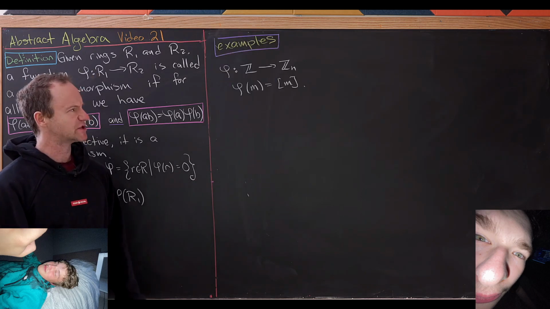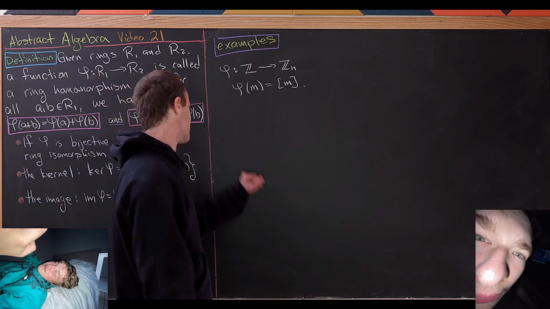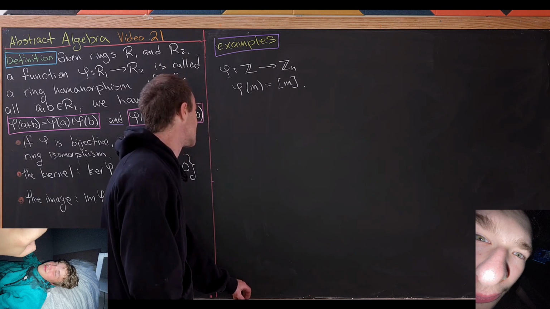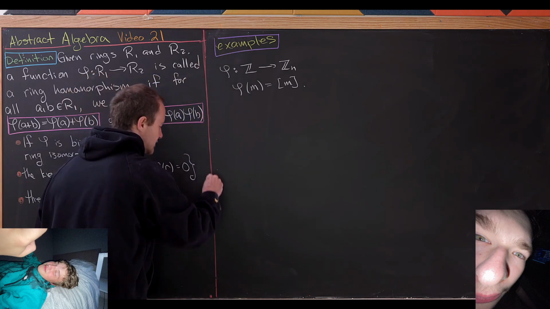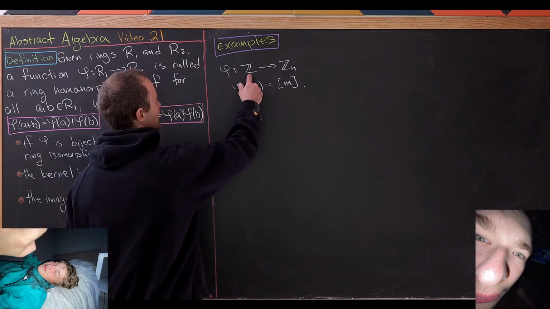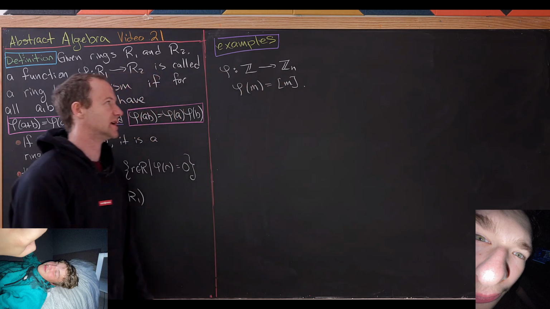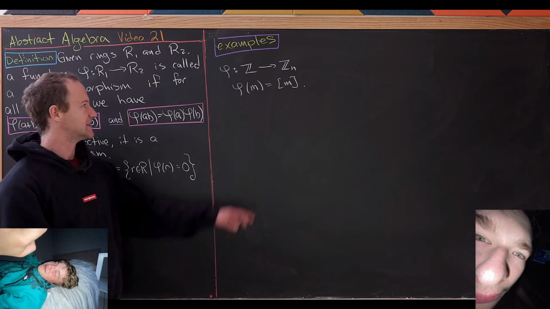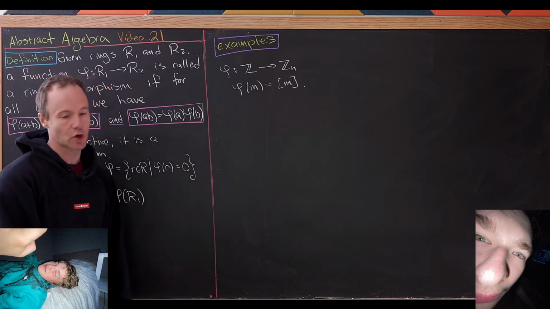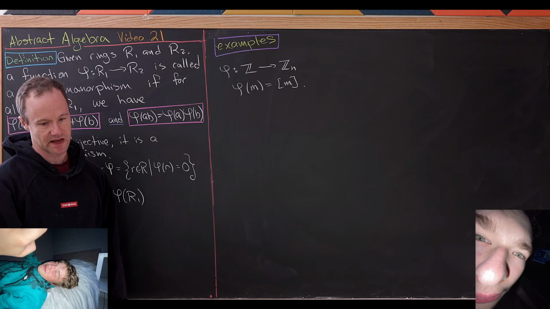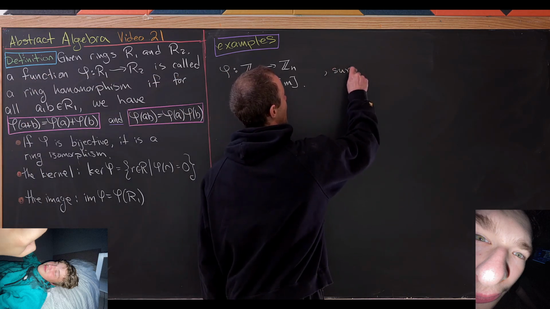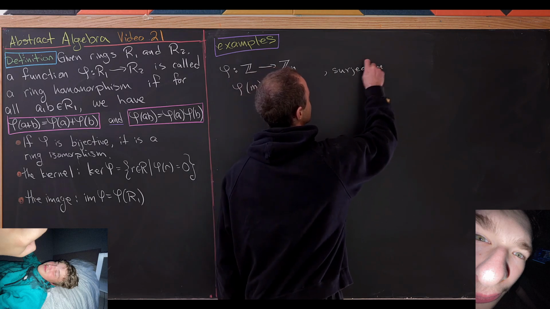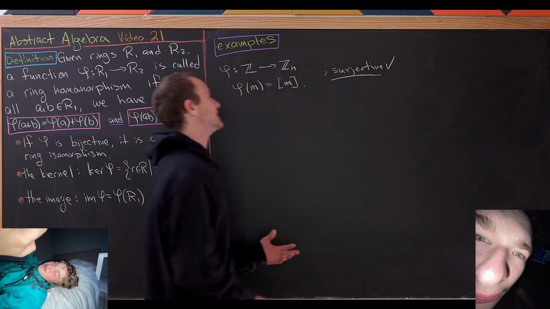Okay, so let's go back to our first example of a ring homomorphism and look at it in light of the first isomorphism theorem for rings. So let's take the map that goes from the integers to the integers mod n, so Zn, that takes the integer m to its corresponding equivalence class. So I think this is clearly an onto map, so this is surjective. That's pretty easy to see.